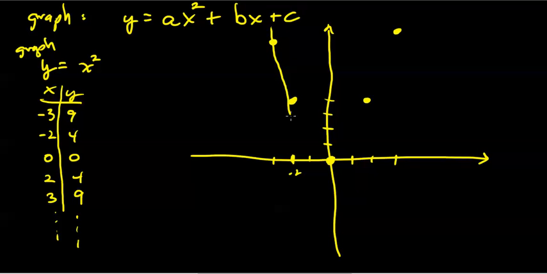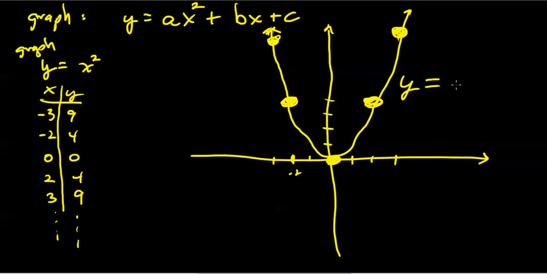If we graph the very simple quadratic function y equals x squared, I get what we call a parabola. I'll make the dots big here. Bear with me, I'm doing the best I can freehand. So this is the graph of the quadratic function y equals x squared, and of course we get a parabola, as you probably all know.